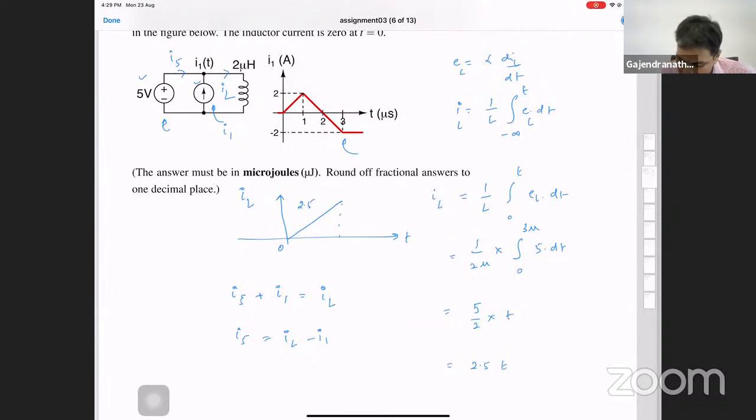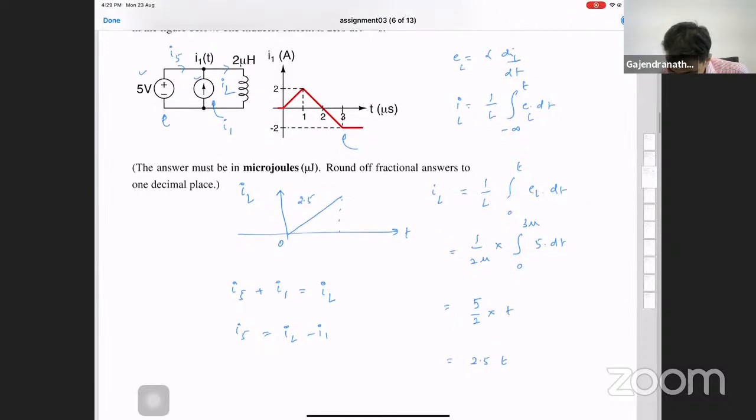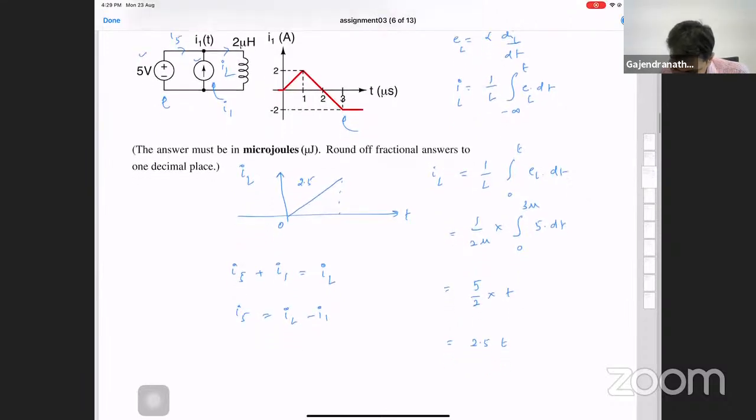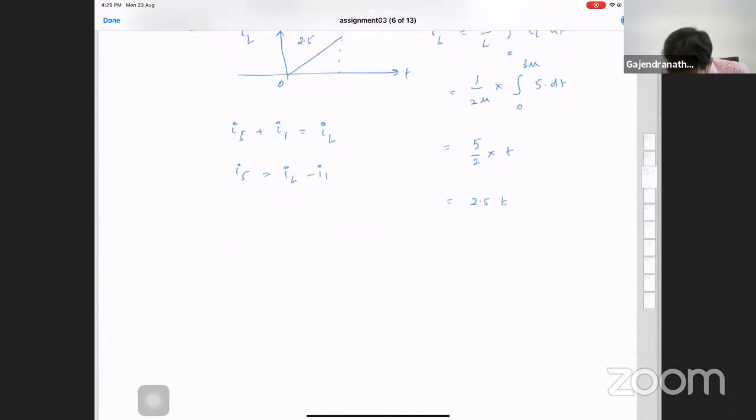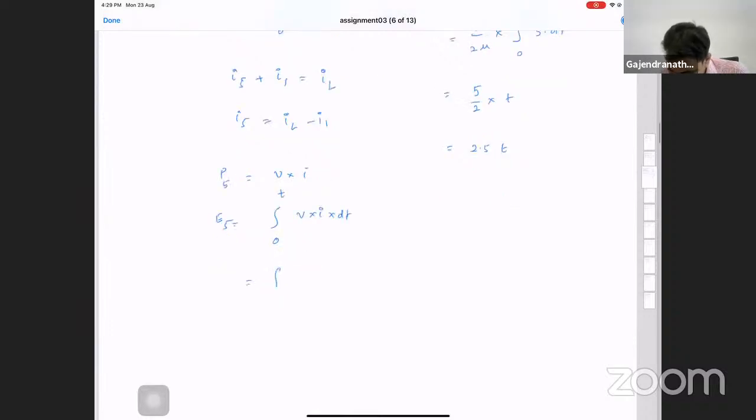Okay, now if you see here, we have to integrate it, right? So we are interested first in power given by the 5 volt source. Power is given by voltage into current. If I want to find the energy, I have to integrate it over the period. So 0 to t of v times I dt, where t is 3 microseconds.